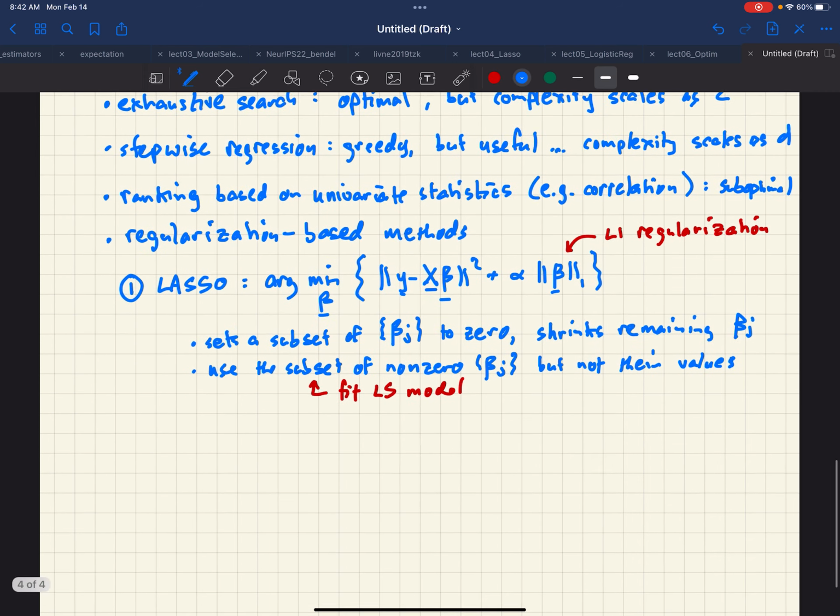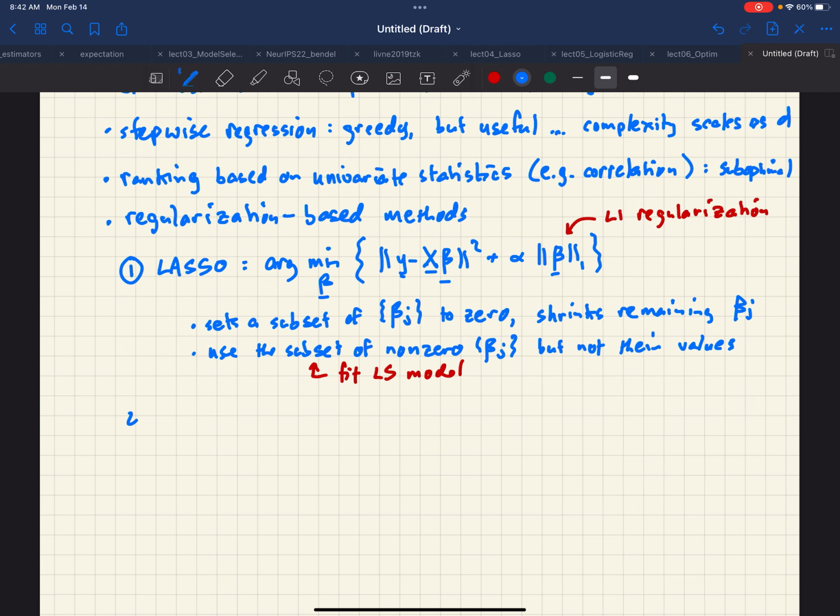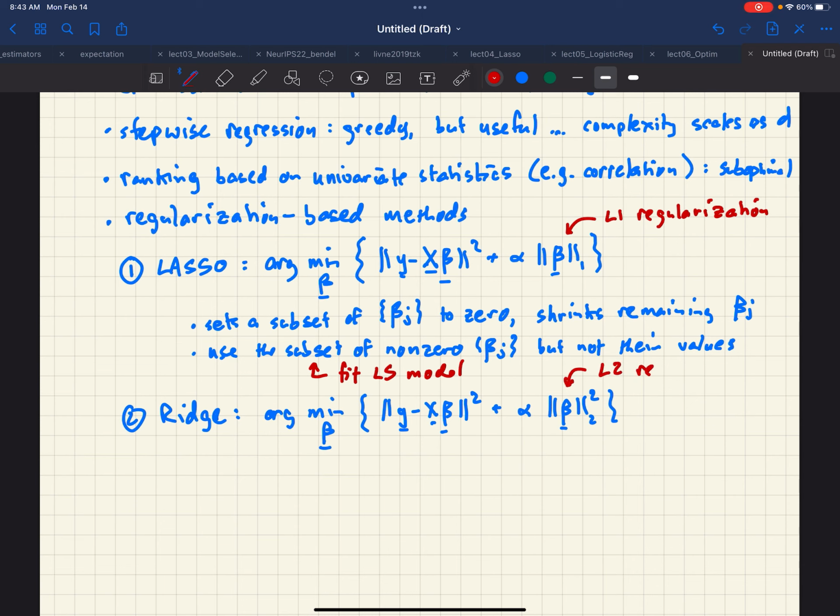Okay, the other thing we talked about was ridge regression. So we have our RSS, then we add the squared 2 norm. This is our L2 regularization.